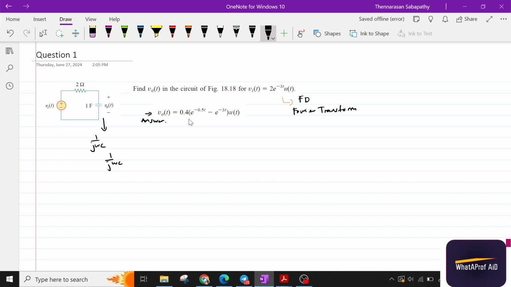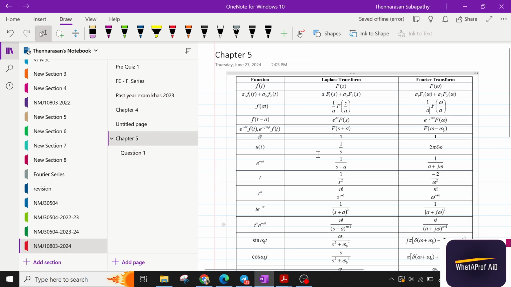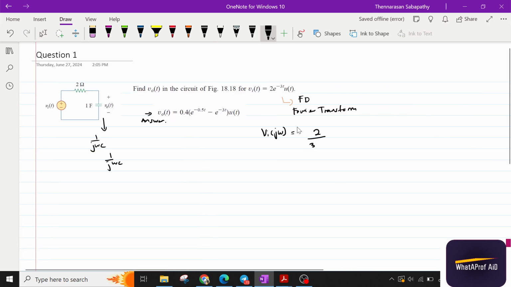Then if you change this one to the frequency domain using Fourier transform, you will have 2 over 3 plus j omega, if you compare with the table here. This will have a 3 plus j omega.